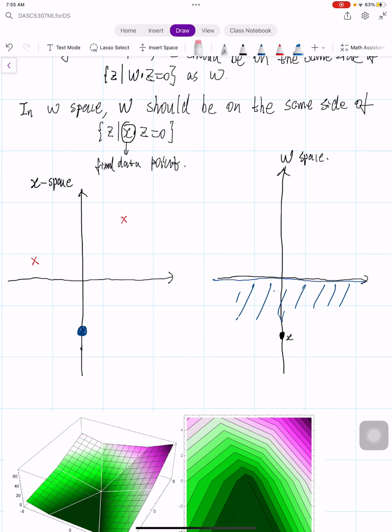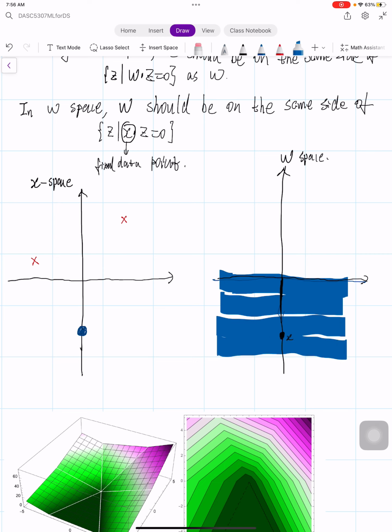Let me redraw this part. I think the idea is very important. Before you even implement the coding, you need to understand why this is true. For all the omegas, we find the decision boundary h, and all the points on the same side of this decision boundary will satisfy the point.